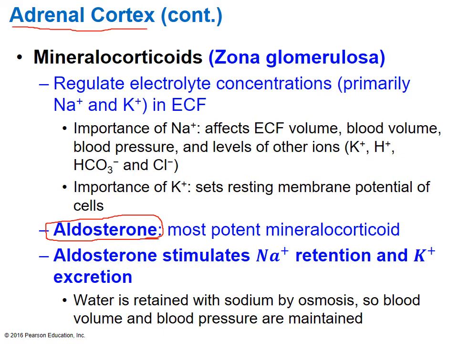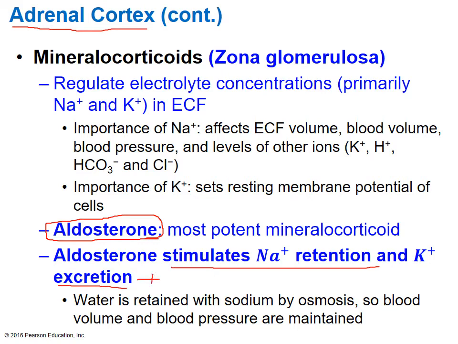to their resting membrane potential. Now, for those of us who are keeping our table and we want to know exactly what am I going to write down for aldosterone, I just want you to take a look at the highlighted sentence that's towards the bottom of the slide. You see right there that for its main function, we're going to write down that it stimulates sodium retention and potassium excretion.